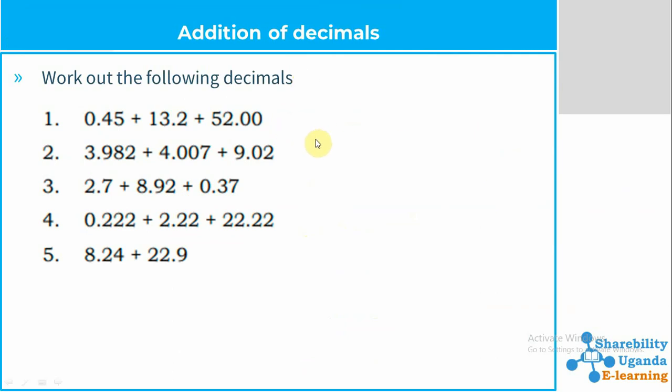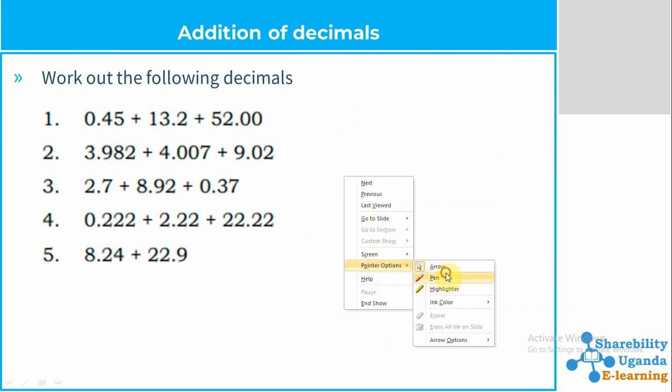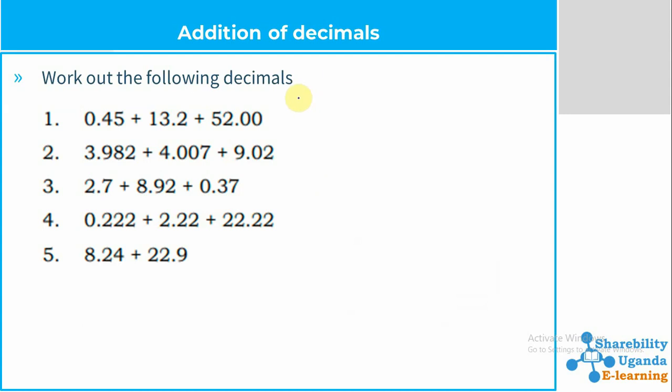Now let's have a look at these problems which have been given to us. We can solve them from here. This should be our solution.